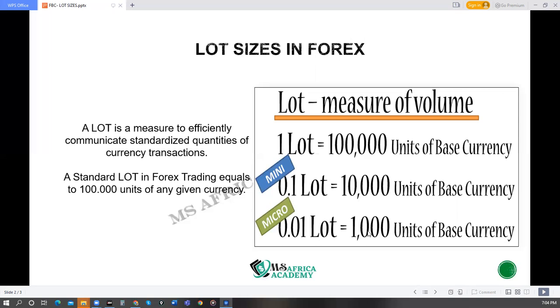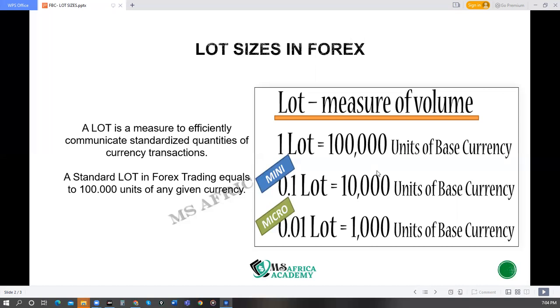That's depending on the broker. Some brokers also have what we call nano lot, which is 100 units of the base currency. But with many brokers, the least you're going to see is micro, and that is 1,000 units of the base currency.